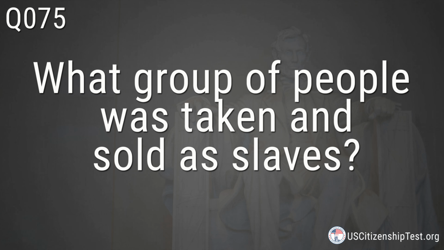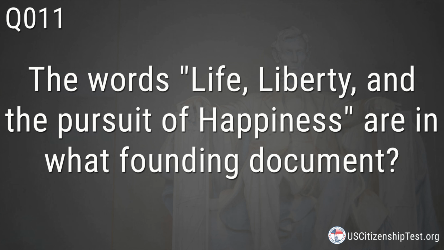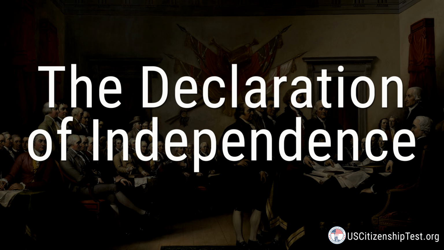What group of people was taken and sold as slaves? Africans. The words life, liberty, and the pursuit of happiness are in what founding document? Declaration of Independence.